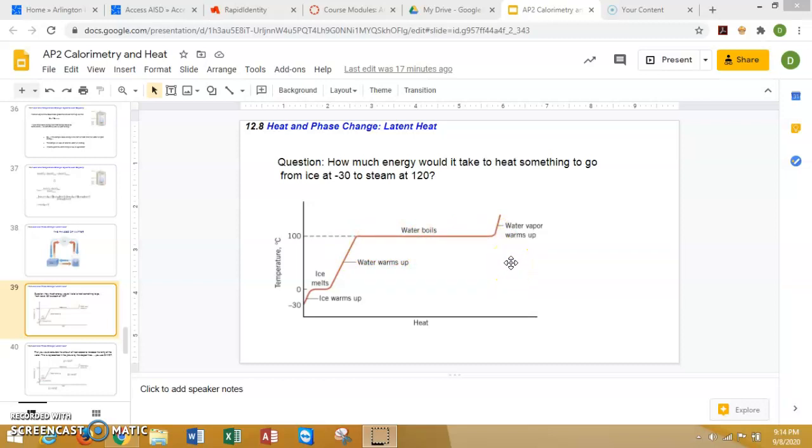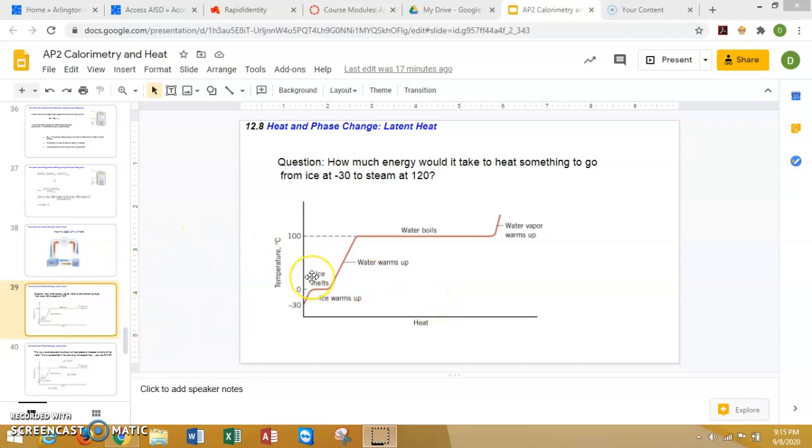People wondered for a long time what was going on here. Why are we still adding energy in the form of heat and the thermometer is not rising? And that's because you were trying to break bonds here. So this question is one that you might see: how much energy would it take to go from ice at -30 to steam at 120? To do that, you're going to use two equations.